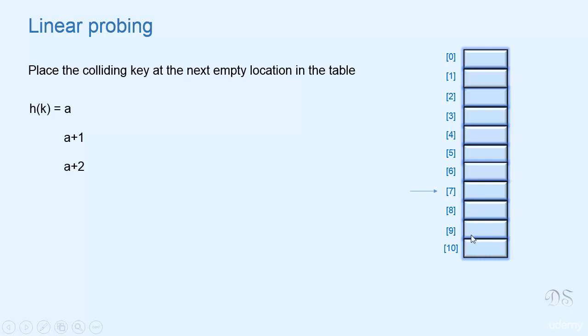If 9 is also not empty, we look at location 10. If 10 is also not empty, then we'll look at location 0. And then we look at locations 1, 2 and so on. So we search for empty locations in this sequence. So basically we are linearly probing the array and we place the key when we reach an empty location.